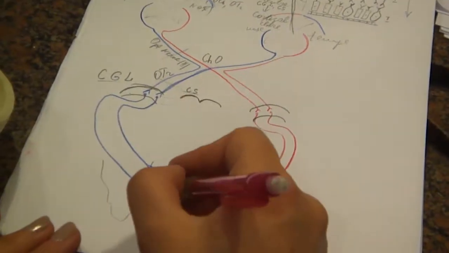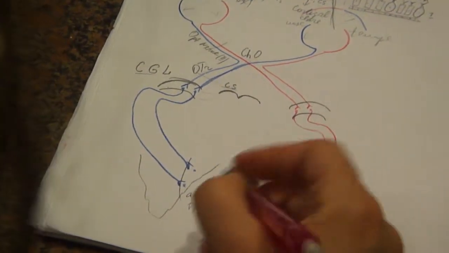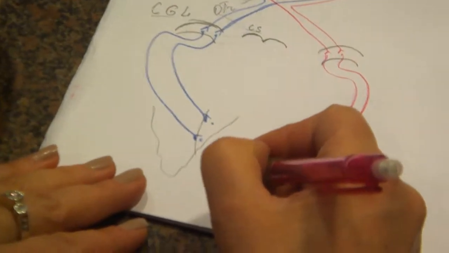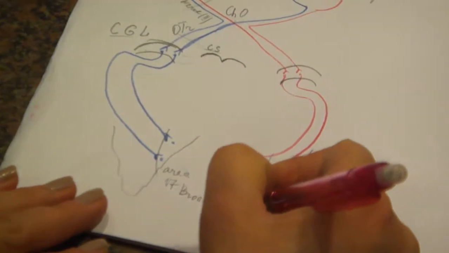Area 17 by Brodmann. Primary visual center. It is called sulcus calcarinus.